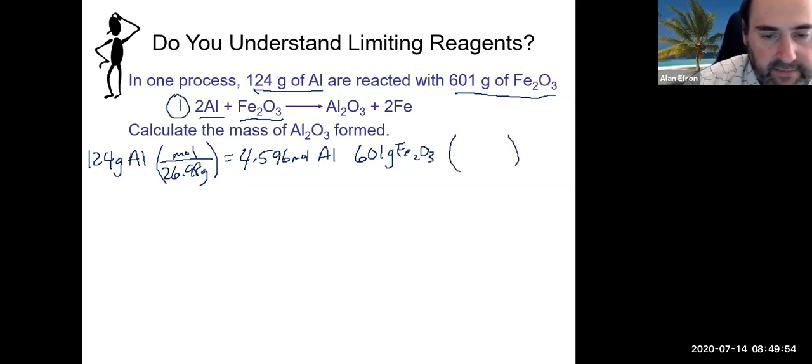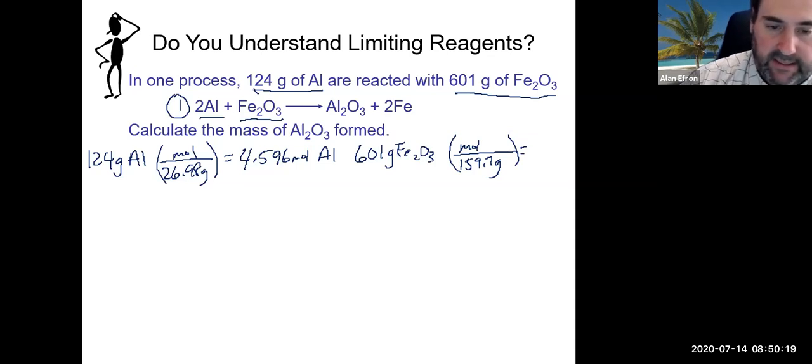Again, going to the periodic table, we have 2 irons at 55.85 each, plus 3 oxygens at 16 each, which gives us 159.7 grams per mole. And again, that comes from the periodic table.